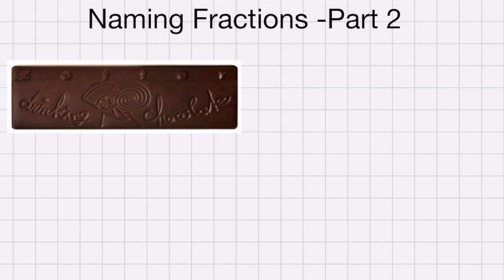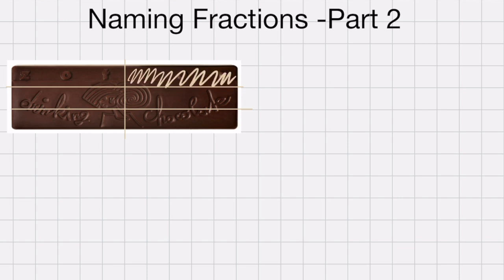I could draw a line down the middle, cut it this way, and I could cut it here, and I could cut it here, and that's going to give me 6 equal pieces. Now if I colour one of these pieces in, I'm going to colour this one here. We would say that 1/6 of that chocolate bar has been coloured.